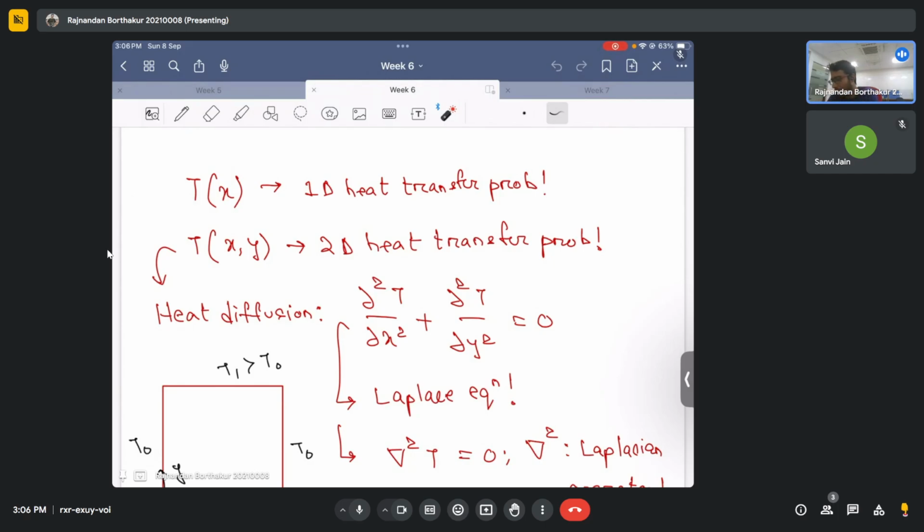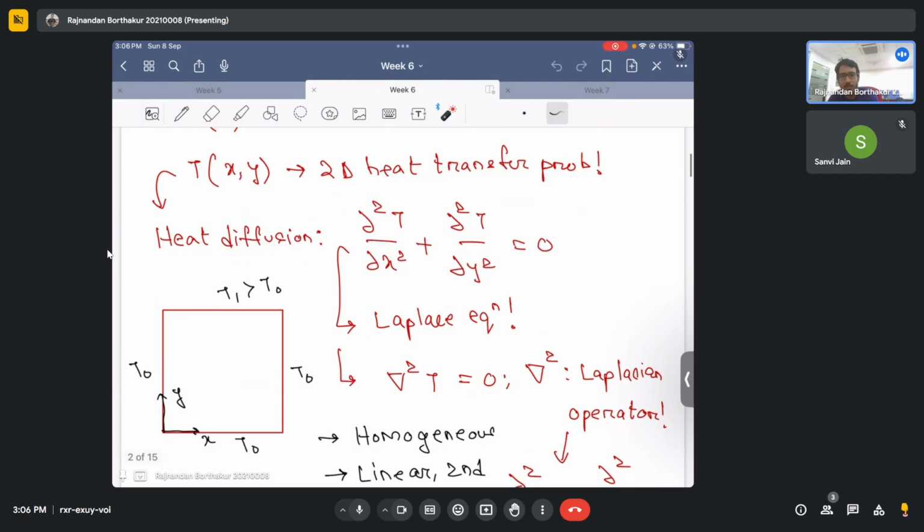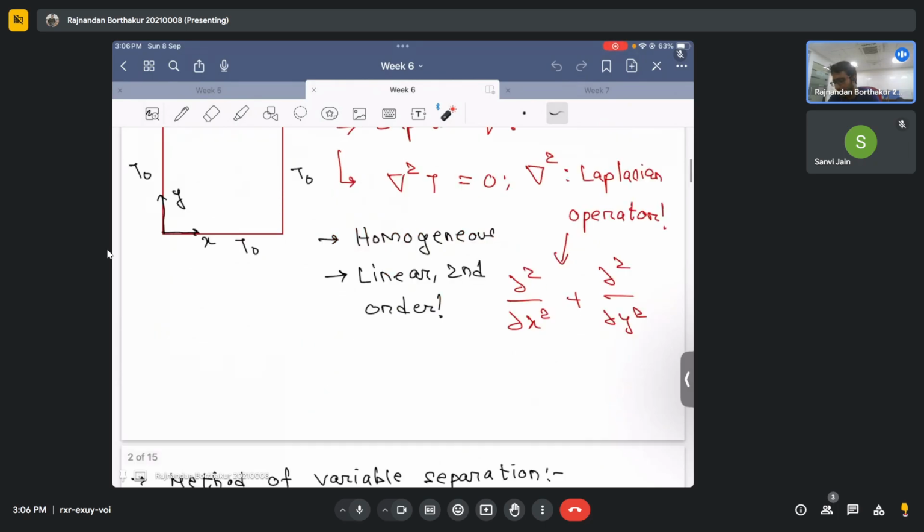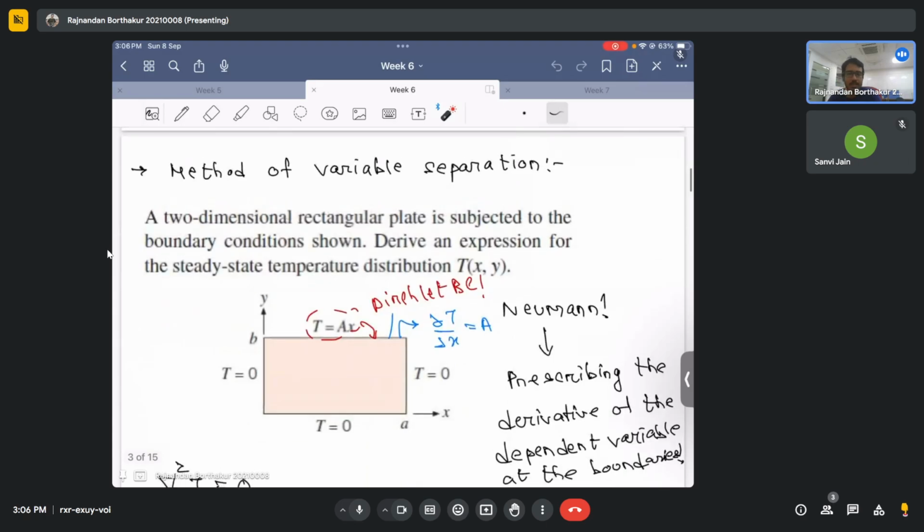Now we have added a bit more complexity to our analysis, where we looked into the case where we can have a temperature distribution which is two-dimensional. And we saw that the basic governing equation, in the case where there is no heat generation and it's a steady state problem, just boils down to the Laplace equation, as you can see. And we saw the characteristics of this Laplace equation, and certain strategies through which we can solve it.